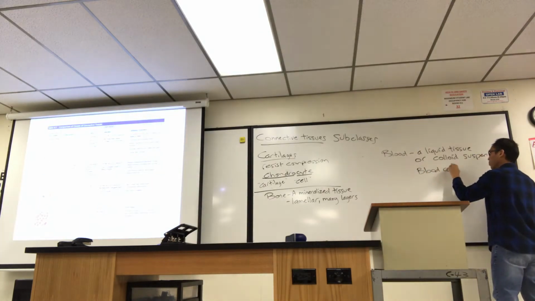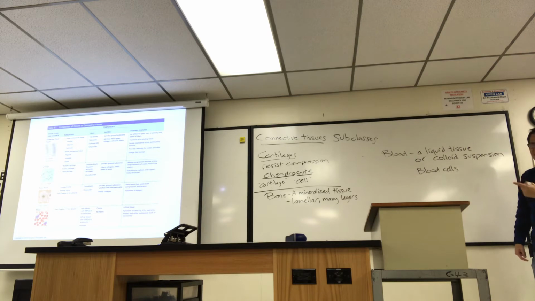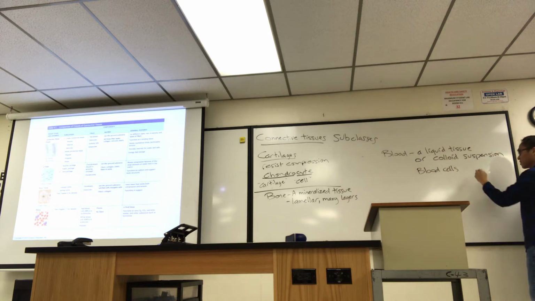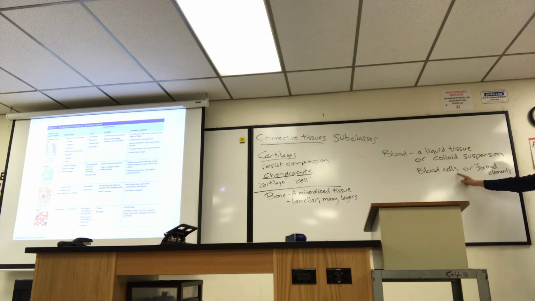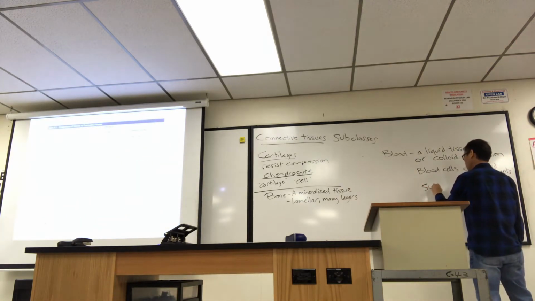Blood cells, and we don't call them blood cells. We call them formed elements, but that's kind of a weird, archaic term that doesn't make a lot of sense now. Well, just think of them as the blood cell. It's the red part of your blood, and it's suspended, mixed up with the plasma. Blood cells suspended in plasma.